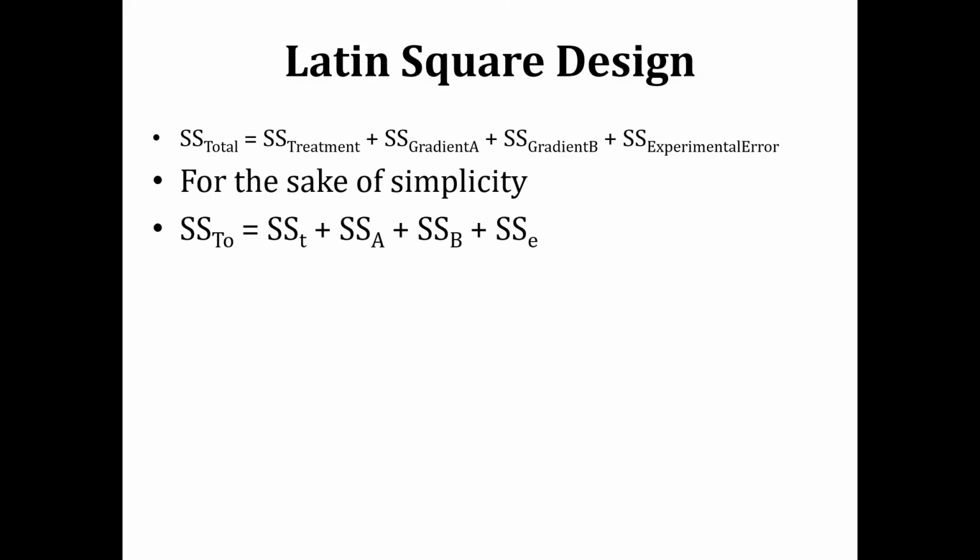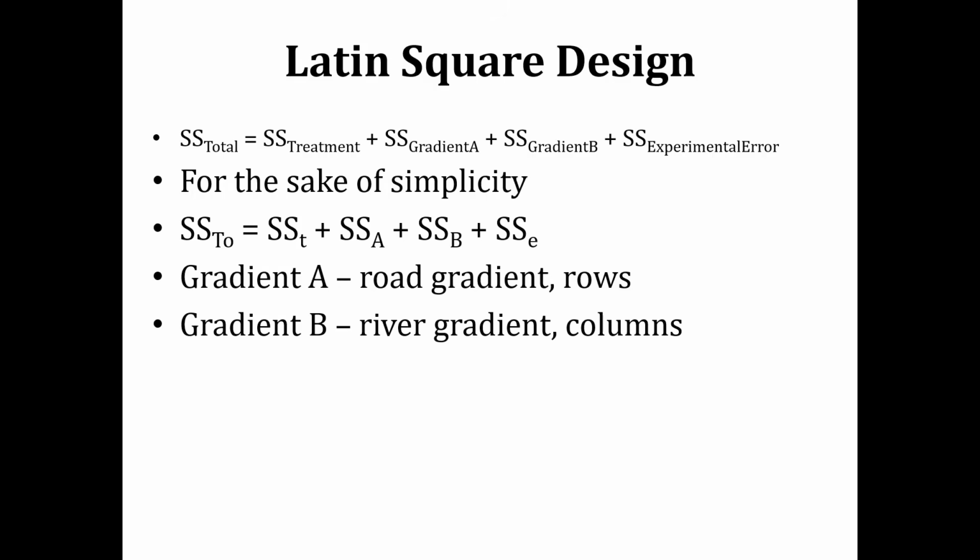So for the sake of simplicity, we can designate total by capital T small o, treatment by small t, gradient A by capital A, gradient B by capital B, and experimental error by small e. And the gradient A is our road gradient, which is presented in rows, and gradient B is our river gradient, which is presented in columns.